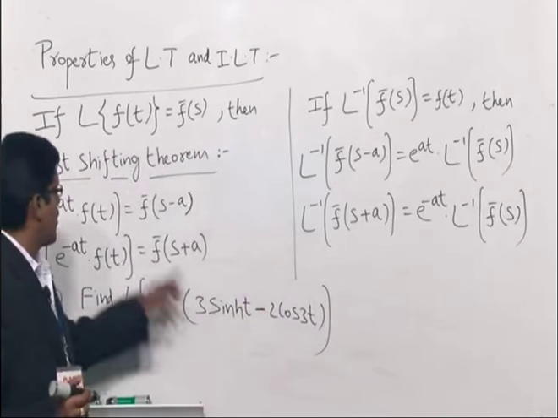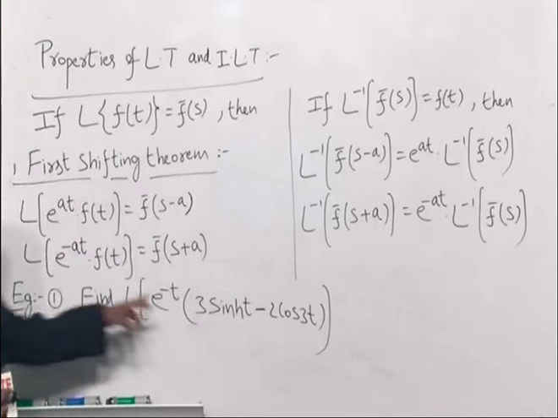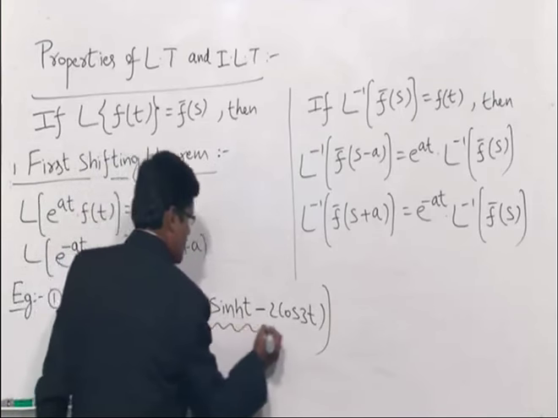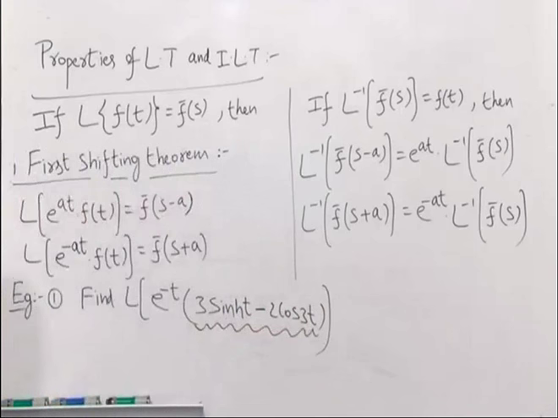Now comparing this problem with this property, e power minus at, multiplying by the other t term, this term is indicated to be taken as f of t. That is the indication.